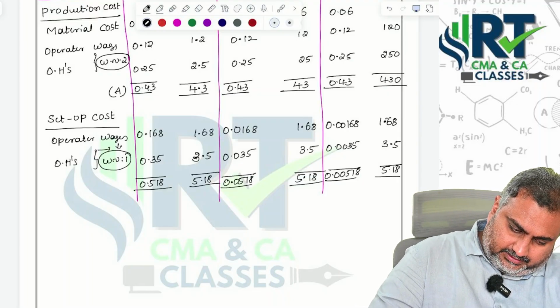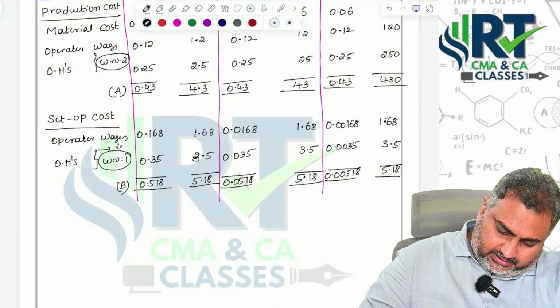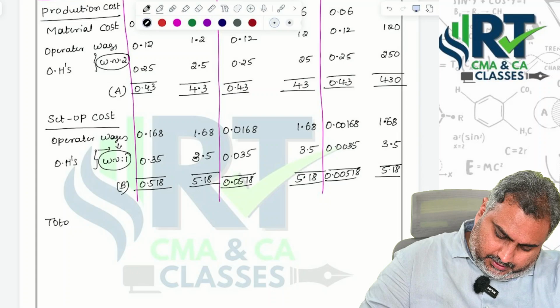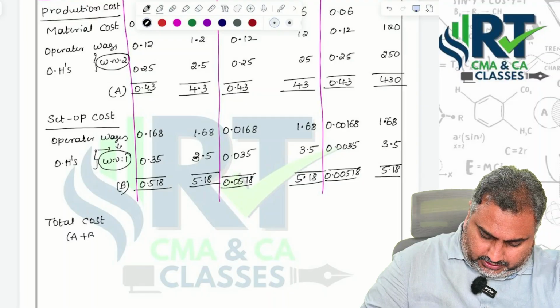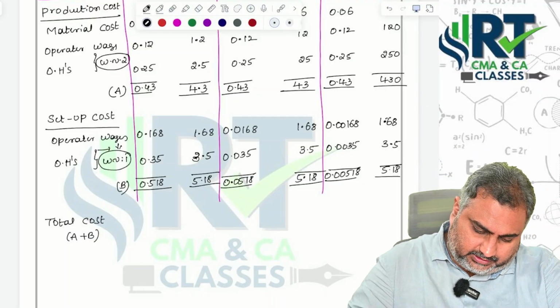Make it as A, make it as B, then you will get the total cost, your product cost plus your setup cost.